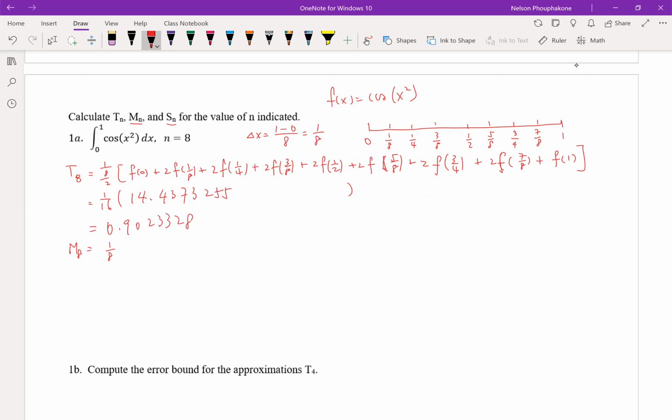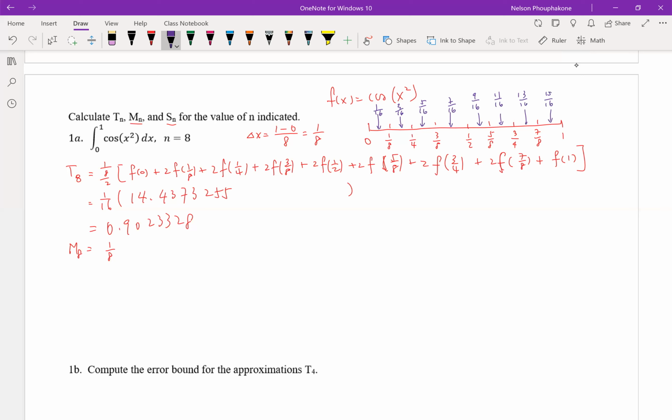Now remember, to this one right here, the number that we are using is the midpoint, right? So therefore, the midpoints between 0 and 1 are 1/16, 3/16, 5/16, 7/16, 9/16, 11/16, 13/16, and 15/16.